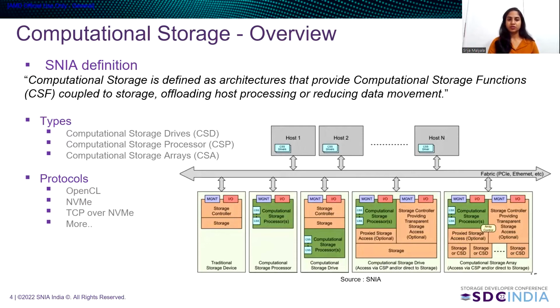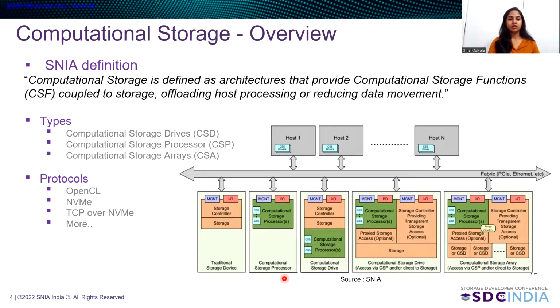SNIA defined computational storage as the architecture that provides computational storage functions coupled to storage, offloading host processing or reducing data movement. There are three different types of computational storage devices shown here. The one to the left is a traditional storage device where there is no accelerator.